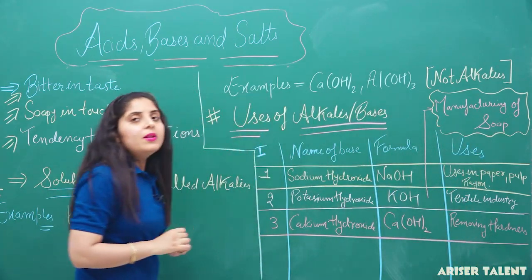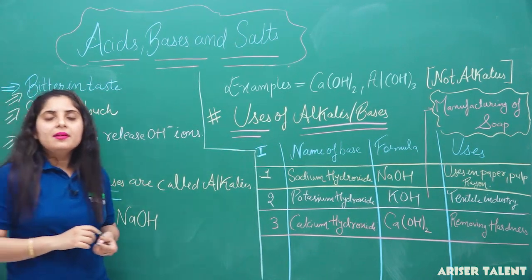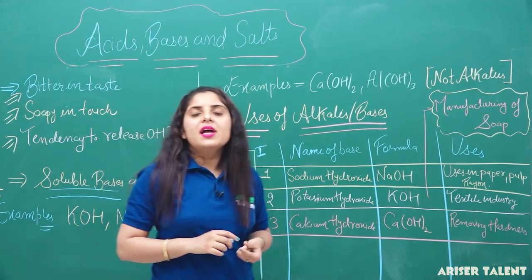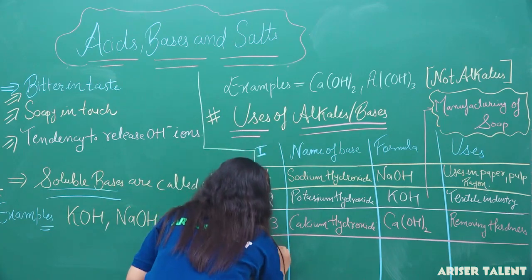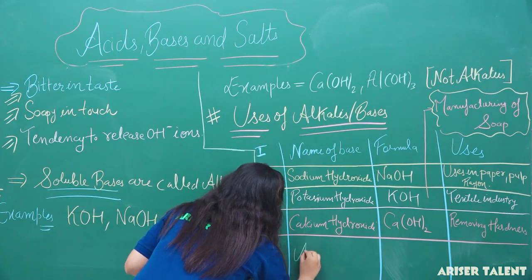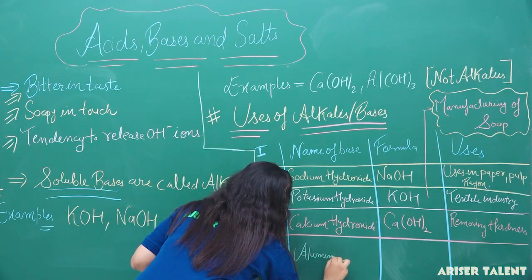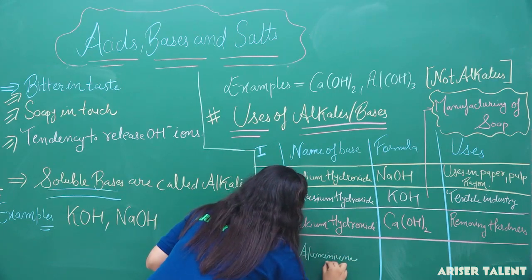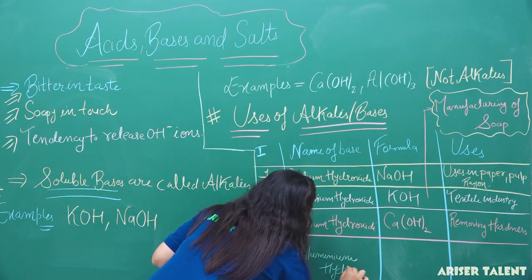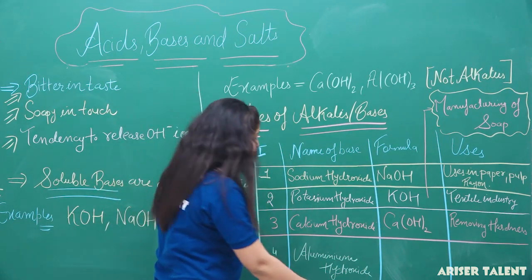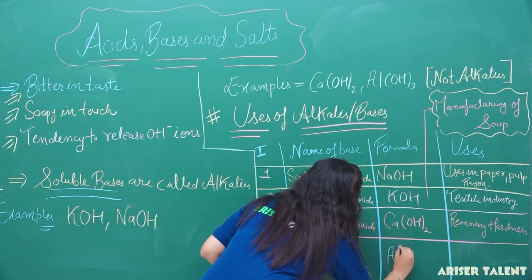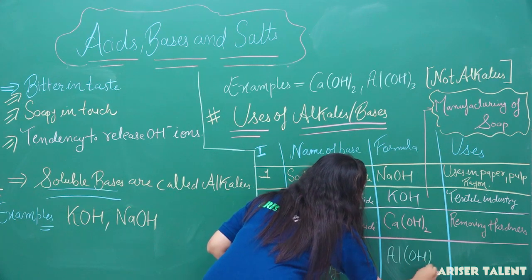Now we are moving to our fourth base, that is aluminium hydroxide. Aluminium hydroxide has the general formula Al(OH)3.